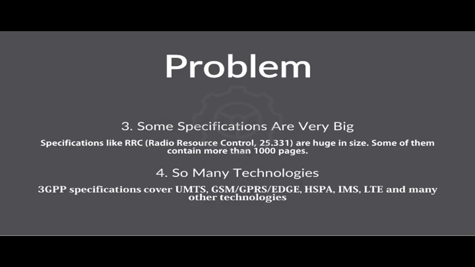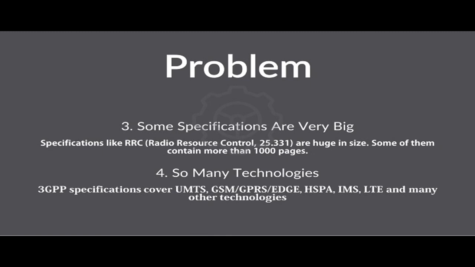The third problem is that some specifications are very big. For example, the RRC specification contains more than 1,000 pages. It's so hard for us to read all of that, and it will take so much time. The fourth problem is that there are so many technologies that we have to read.